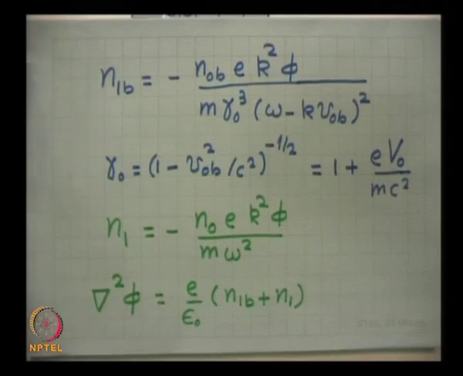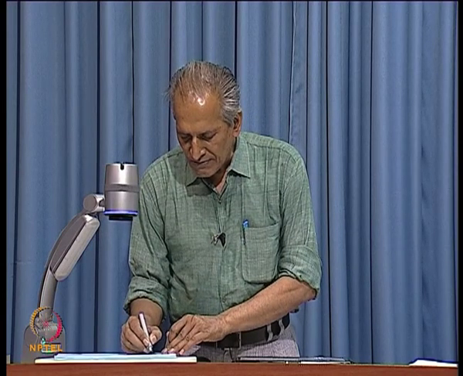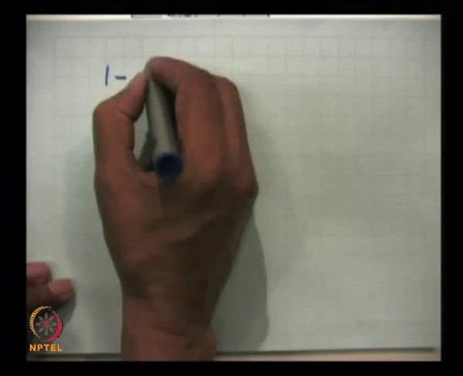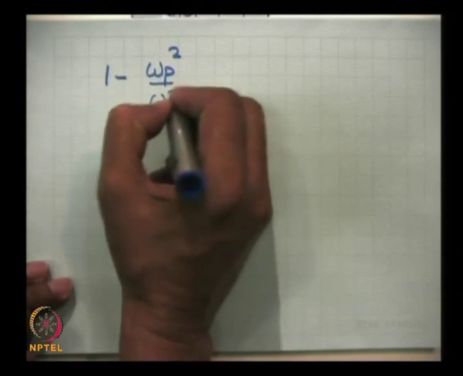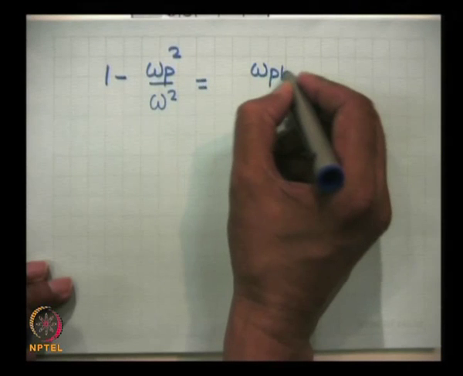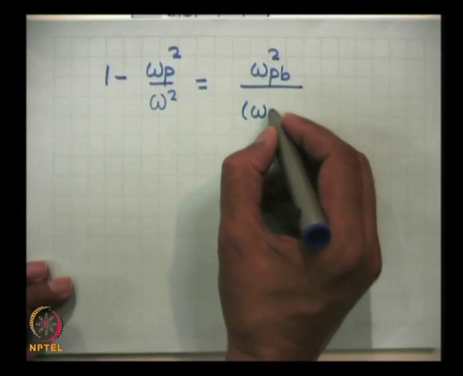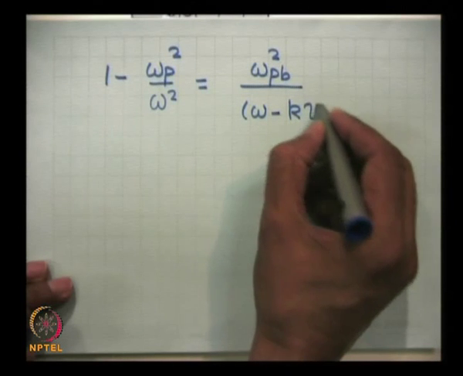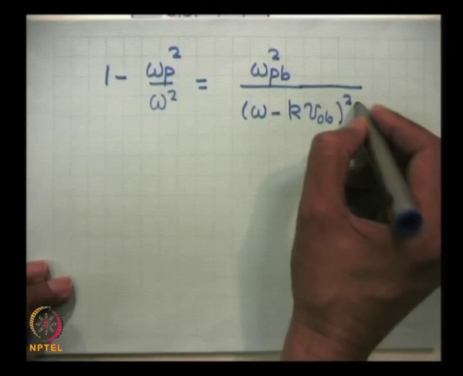As before, the dispersion relation for the plasma wave is 1 minus omega p square by omega square is equal to beam plasma frequency square upon omega minus k V0b square multiplied by gamma 0 cube.